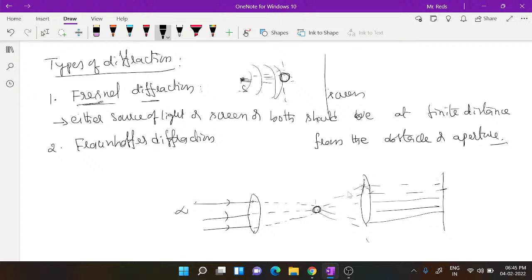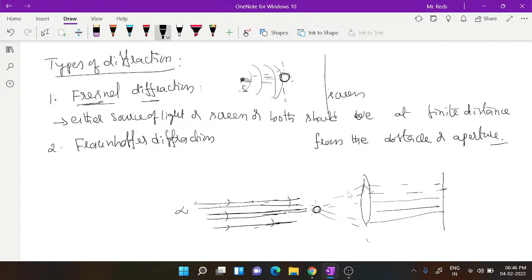Here, if this is an aperture, then usually many light rays will be there parallel to this, right? So only these parallel light rays will be allowed.